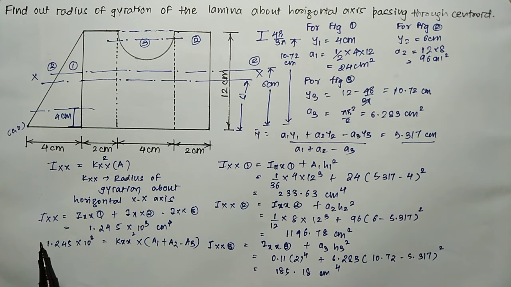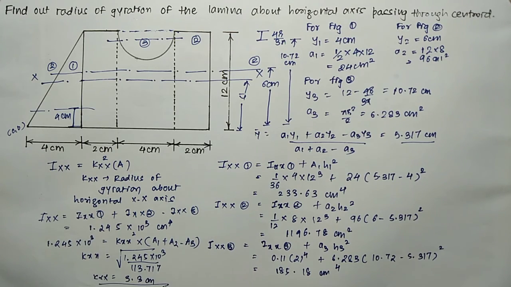So we know all the values. So placing the values of A1, A2, A3, we would be getting Kxx as nothing but under root of 1.245 into 10 raised to 3 divided by 113.717. So solving, we would be getting the value of Kxx as somewhat 3.3 centimeter.